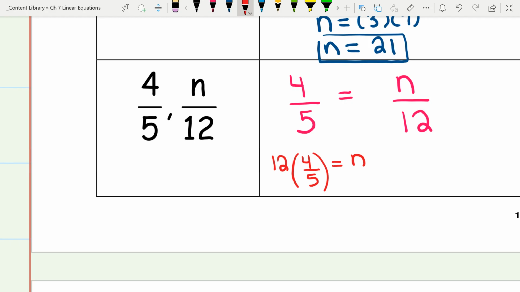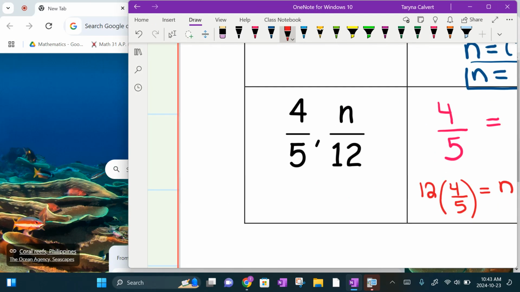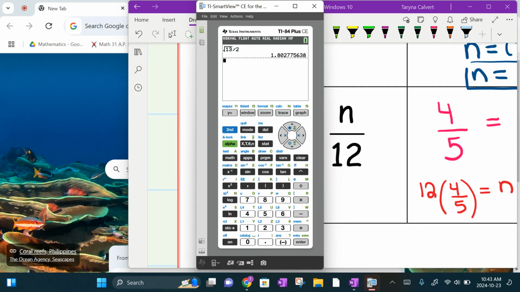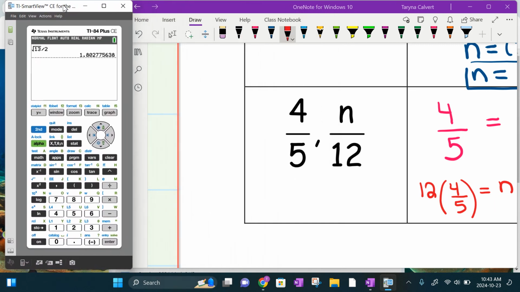Because the 12s divide out on the right-hand side. And again, if you did it the other way, guys, it's the same thing. If you cross multiply, then you would end up having to divide by the 5, right? Because the 5 was on the end. And technically, if you look at that, is it divided by 5 already? Yeah, it's just saving you a step is all.